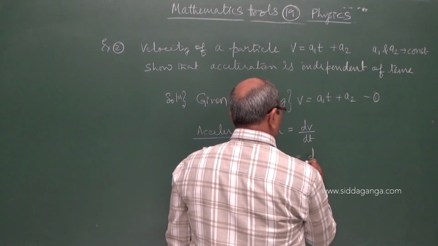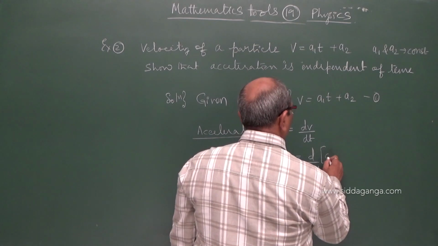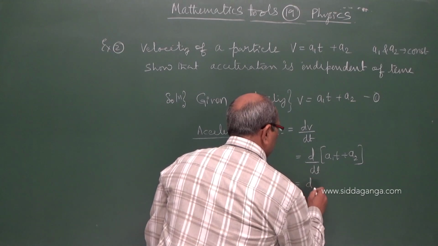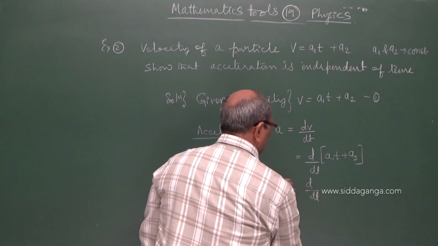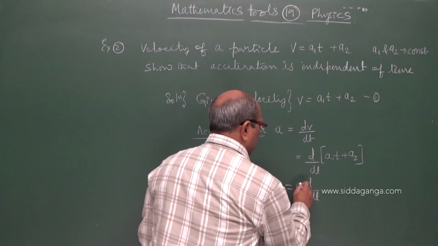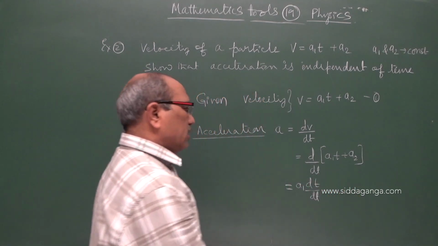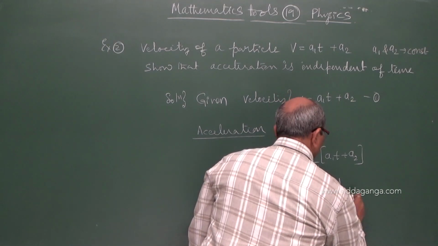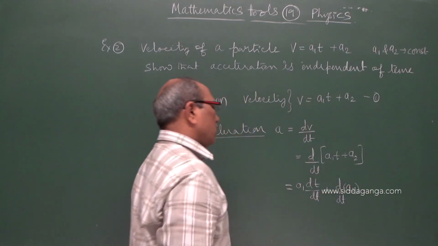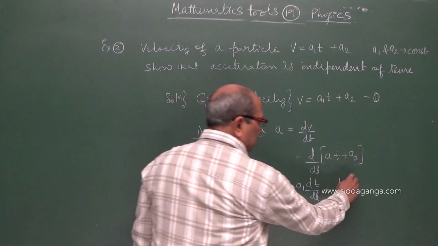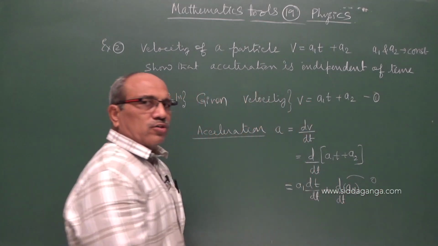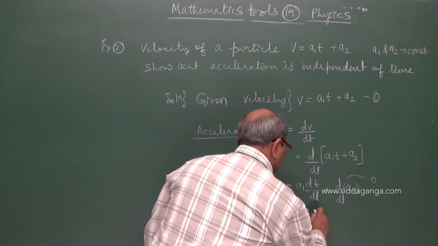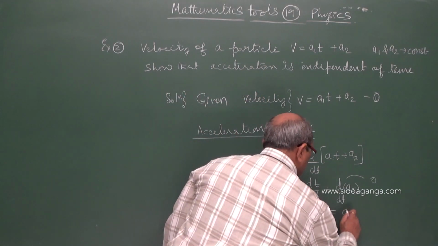That is nothing but d by dt of a1t plus a2. Since a1 is a constant, I bring it out, giving a1 times d by dt of t, plus d by dt of a2. This becomes 0 because the derivative of a constant is 0. dt by dt is 1, a1 into 1, so our final answer is a1.